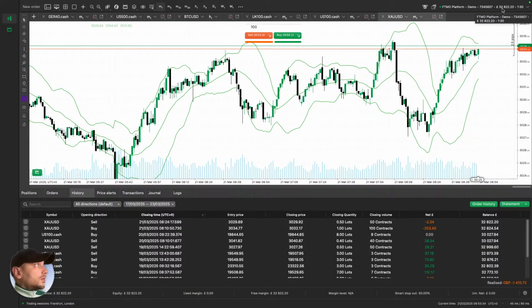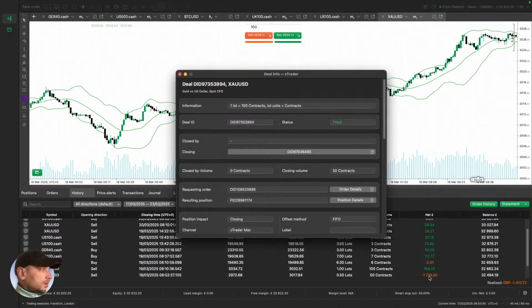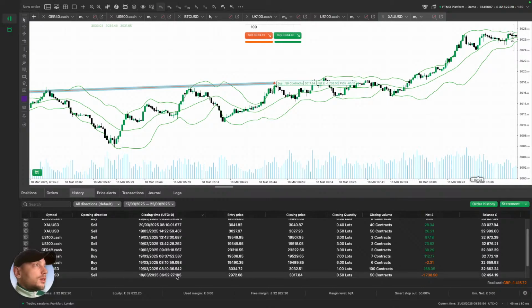This is an FTMO funded account of 35k, and we are in drawdown. We took a really nasty loss. I did something that nobody should do. I was shorting gold with a swing trade. So we shorted gold at all-time high.